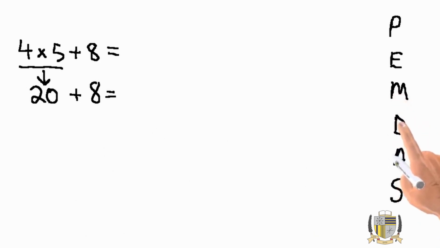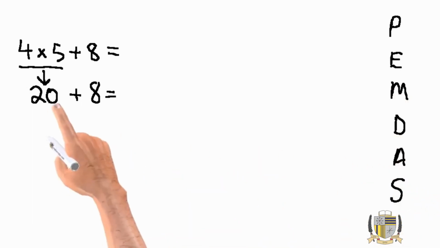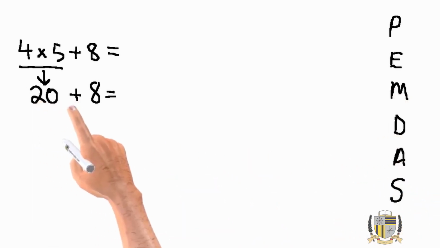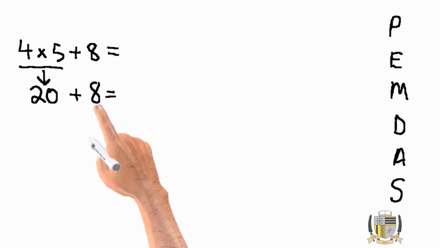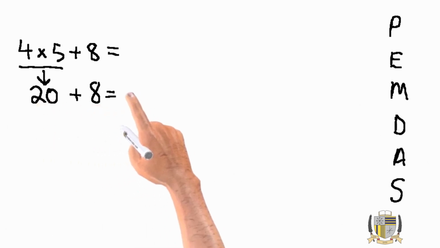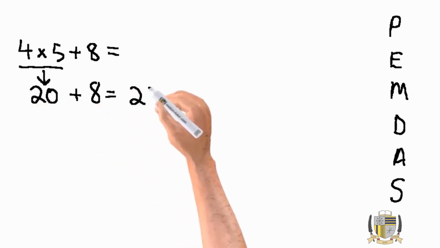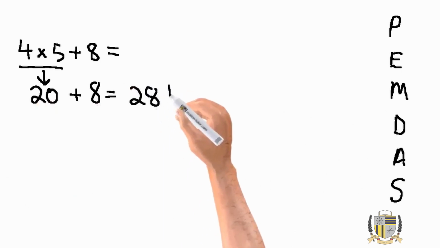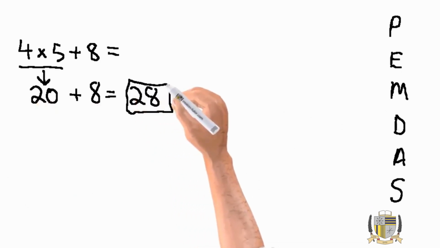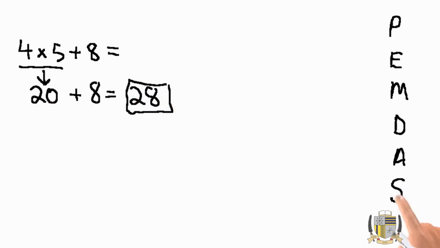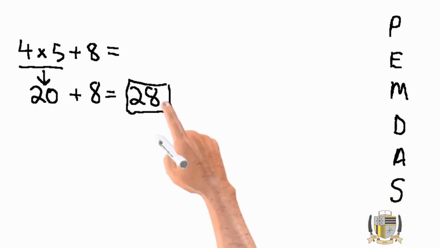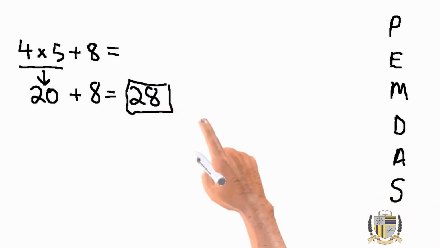Here's division. We have no division going on. Here's addition. Oh yes, we have addition. 20 plus 8 is 28. And that's our final answer, because there's no more subtraction. 28.